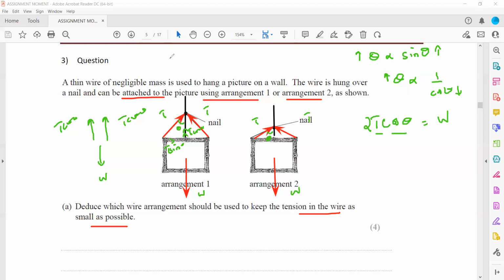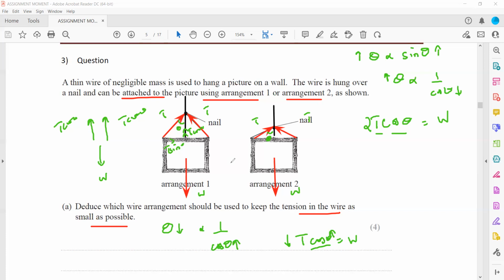In arrangement 1, theta is small, so the value of cos theta will be large. Since T cos theta is equal to W, if cos theta is large, then T should be small. So in arrangement 1, where the angle is small, T will be smaller.